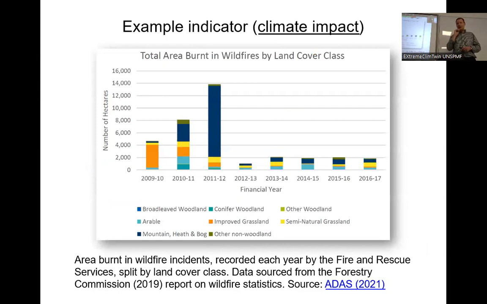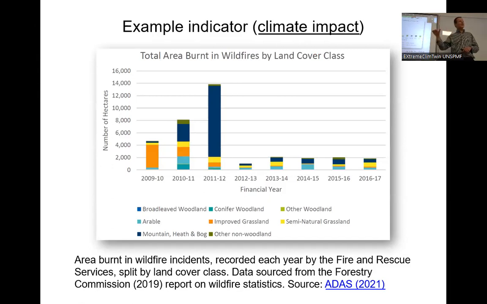Here's another one, but now we're looking at potentially the impact of climate change on wildfires, and the indicator here is the number of hectares of land that has been destroyed by a wildfire and how that's changed through time. You can see there's a lot of variation from one year to the next.